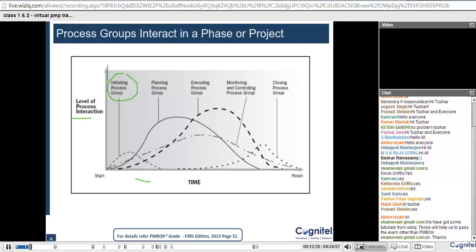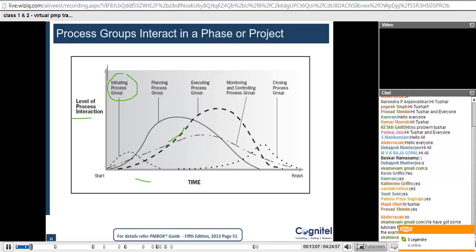Now once you are moving ahead, you can see that the planning interaction increases to the maximum, and at the same time monitoring controlling is also rising slowly and steadily. Once you are in the middle of the planning, by that time you would have also started some execution, so you can see that execution has also taken a start, and it's also increasing over here.